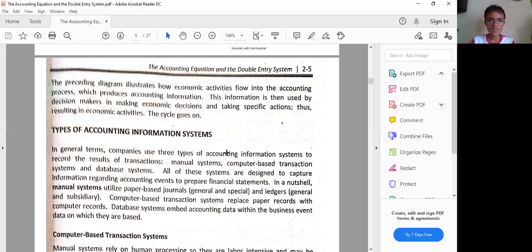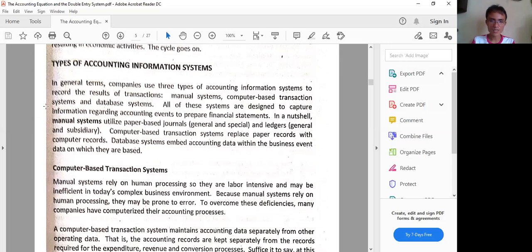After that, here are now the types of accounting information systems. Basically, we can just say it's manual versus computerized. In the traditional world, we have manual systems, wherein everything is manually written on paper or any piece of paper. Computer-based transaction systems replace paper records.